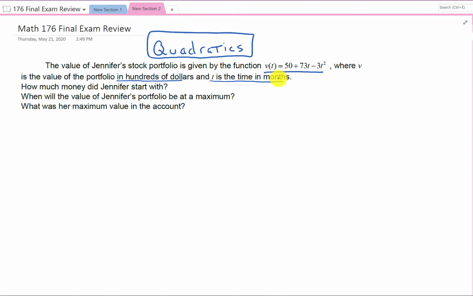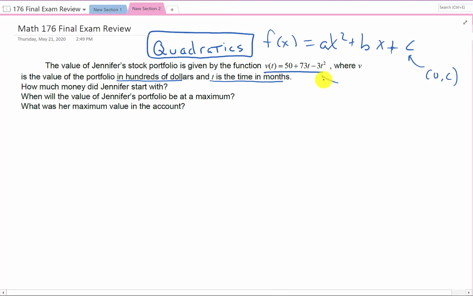Now, typically, we start with our functions, ax squared plus bx plus c. We put them in order. And something significant happens with the value of c. That is the y-intercept point. And in application, that would be the starting amount.